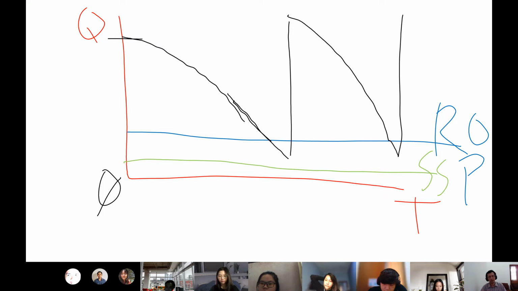Okay, and the next weakness of AOK is this green line, safety stock. Safety stock means that at any time the company has to keep this much stock unused, staying in the warehouse. And I already told you, if a company has unused assets, that's a cardinal sin.